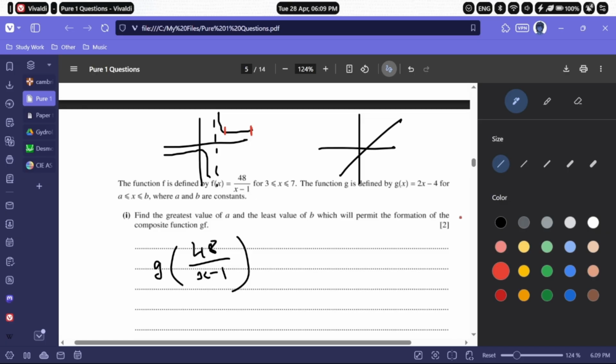So its minima and maxima is pretty simple. You don't have to overthink what that would be, because they have already given you a domain for your f of x, right?